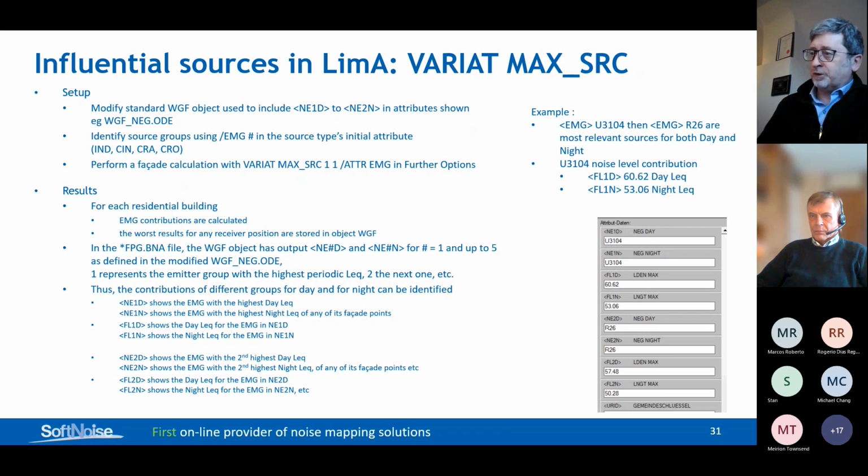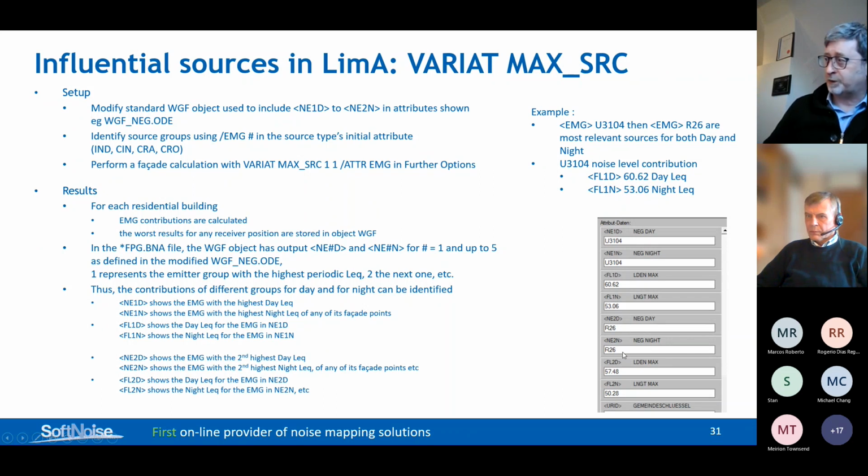And just quickly to show you an example on this one here, in this one we've looked at the 2 most important sources, and both for daytime and nighttime, the emitter group U3104 is the most important. You can see that here and here, U3104, and the second most important emitter group for both daytime and night are the R26 group of sources as shown here.